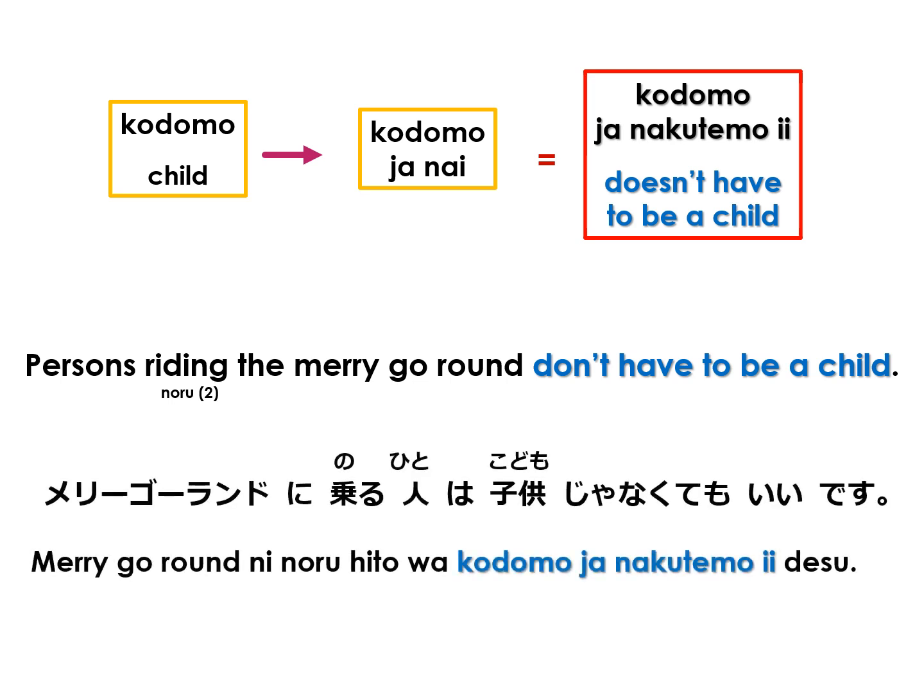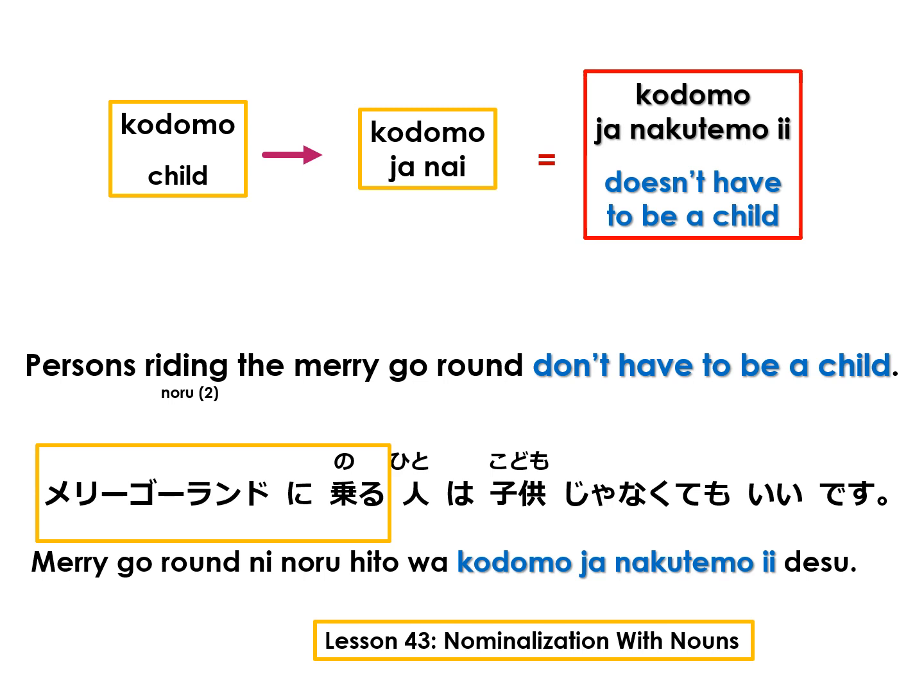In Japanese, メリーゴーランドに乗る人は子供じゃなくてもいいです or メリーゴーランドに乗る人は子供ではなくてもいいです。The subordinate clause メリーゴーランドに乗る nominalizes 人 or person. You can review forming subordinate clauses using nouns in lesson 43.